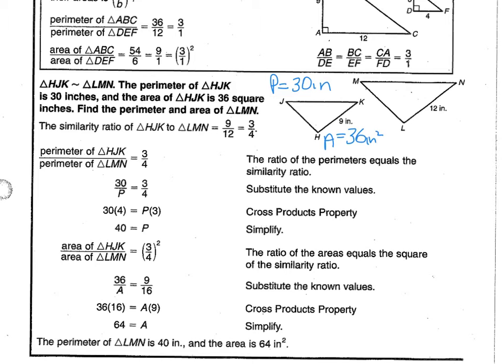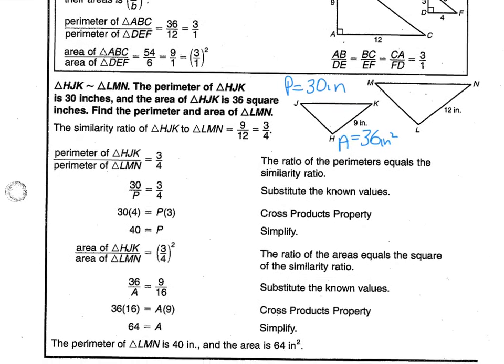So it says find the perimeter and the area of the other triangle, and they're giving us the similarity ratio. If the similarity ratio of the first triangle to the second is 3 over 4, well, the perimeter ratio would be the same. The perimeter ratio would be 3 is to 4.